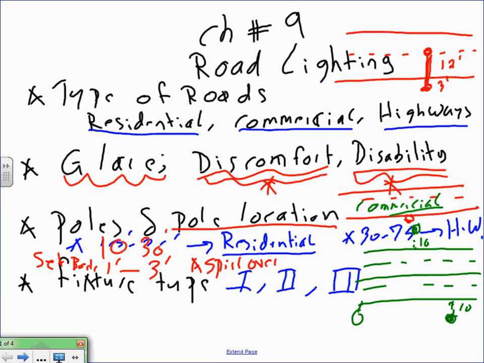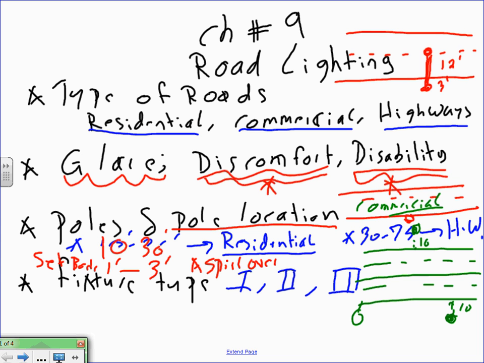I'm not an expert in streets by any means, but the first thing you ask yourself when you deal with roads is: what type of road am I dealing with? A residential city street? A commercial street in a city? Or an interstate or state highway? Cool? Everybody knows the three dividers? So that's a major division between the three of them.